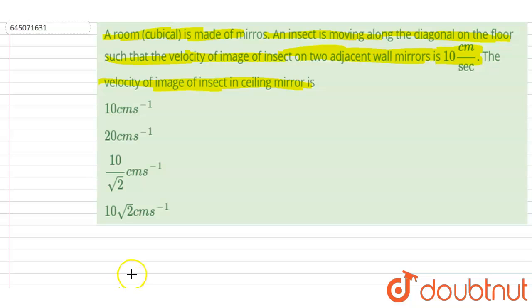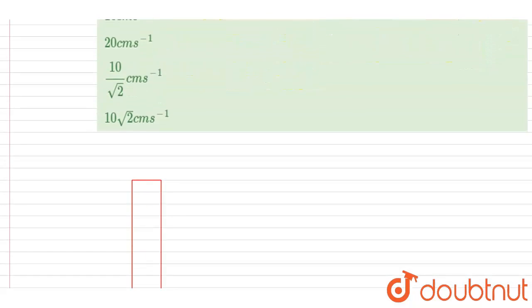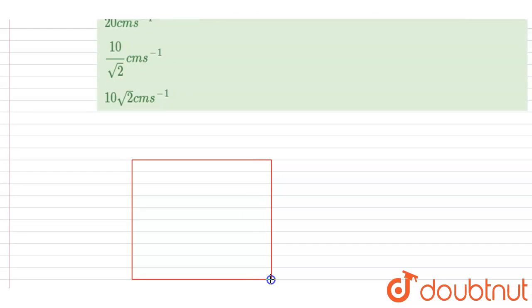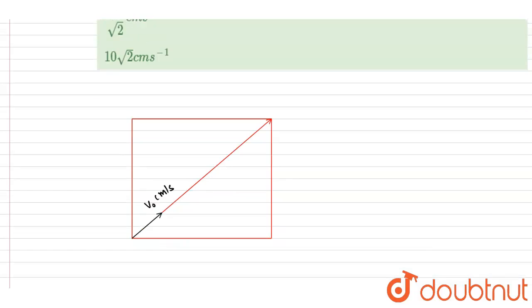So if you draw the top view, it is said that the insect is moving along this diagonal like this. If I draw the velocity of the insect, it will be somewhat like this. Let's say the insect is moving with a velocity v0 centimeter per second.